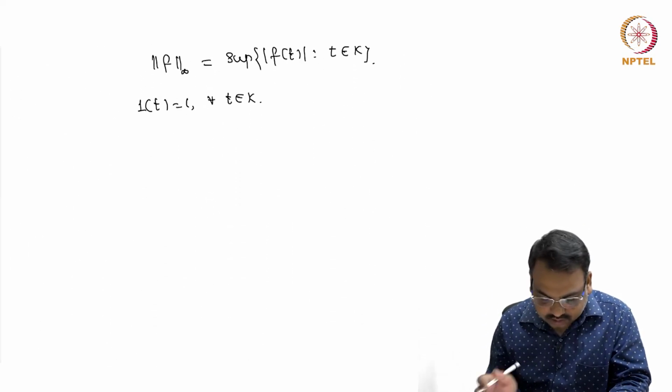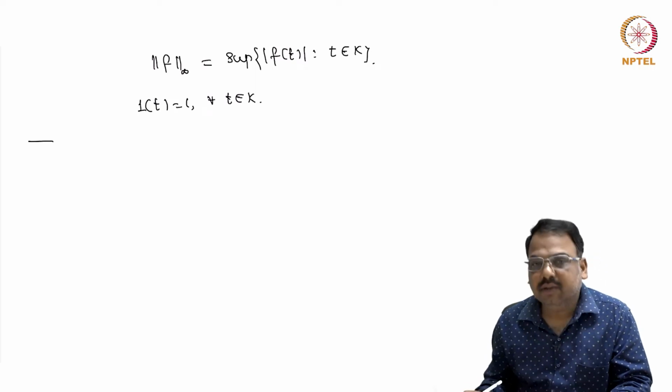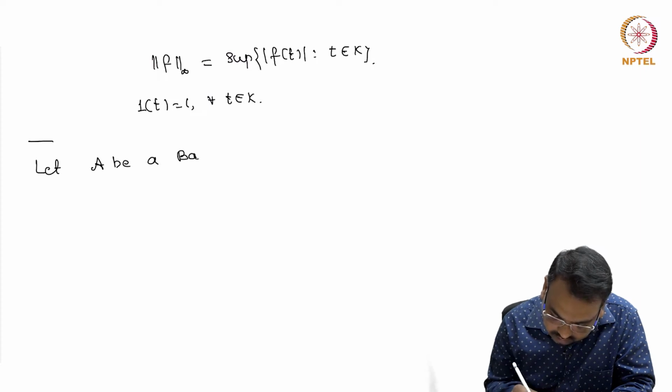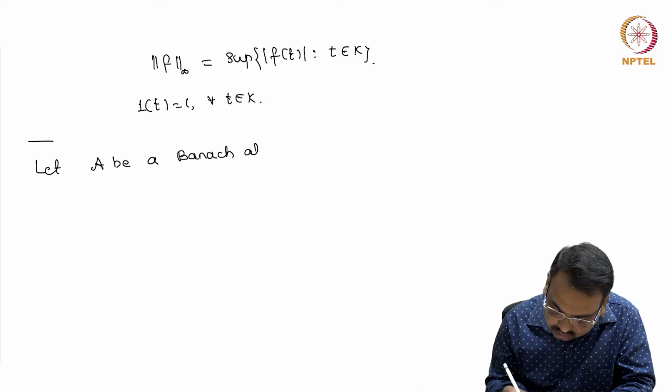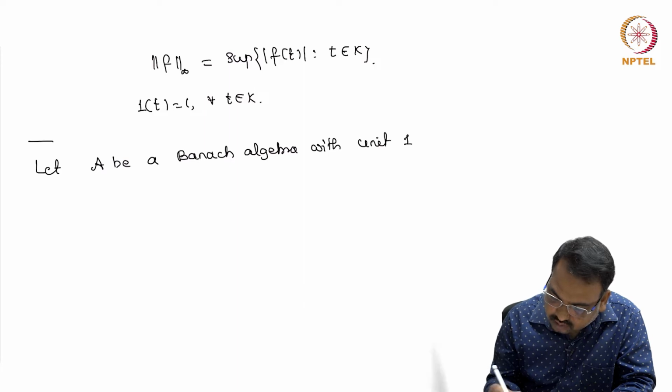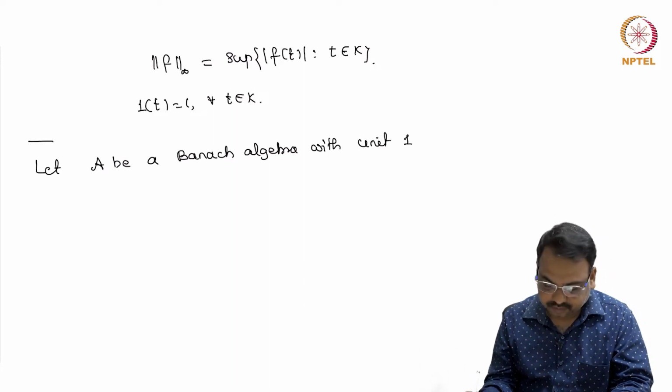Now our interest is in looking at invertible elements. So let A be a Banach algebra with unit, which we denote by 1.